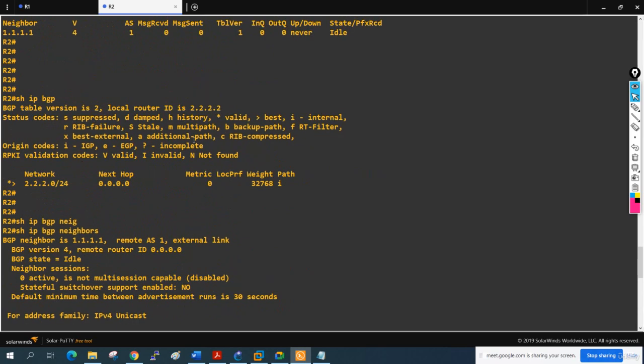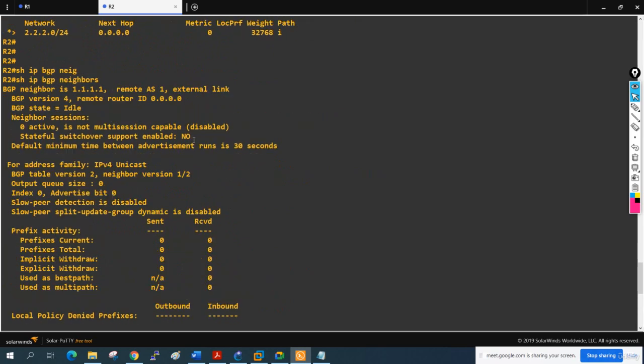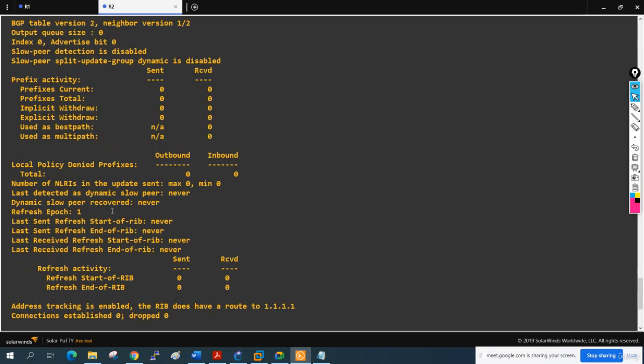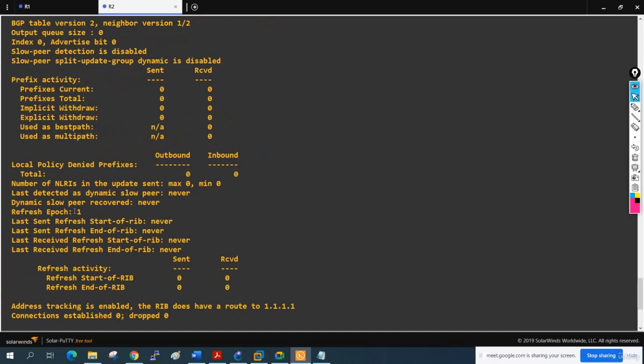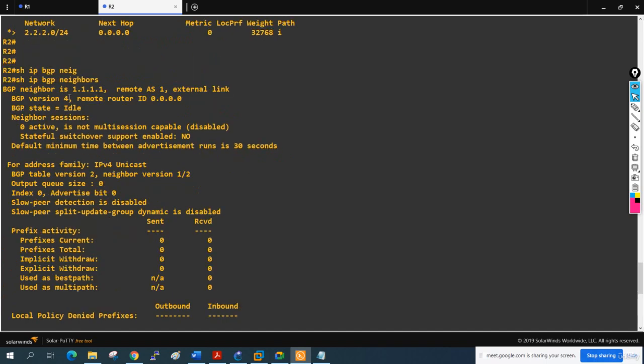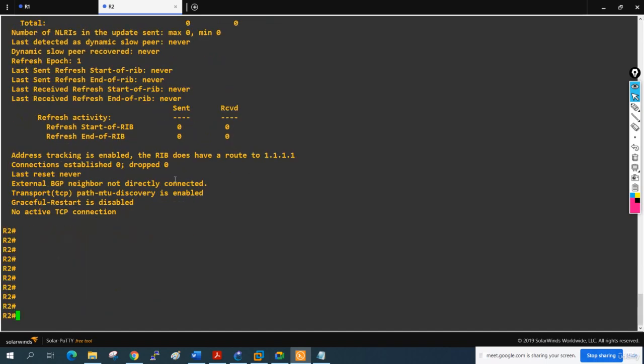With one command we can check the TTL value. So I think BGP neighbor only. Here, the TTL value, let me see where it is. It will show 1. When we type that command, it is going to increase. So we need to check where it is.